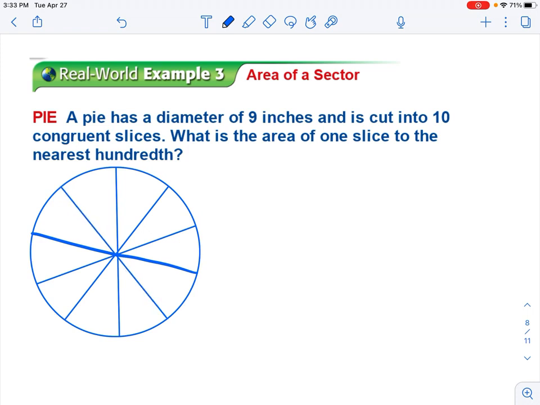It's actually not too shabby. Okay, so we know our diameter is 9 inches. It's cut into 10 slices. What is the area of one slice to the nearest hundredth? So we want to find, say, this slice to the nearest hundredth.